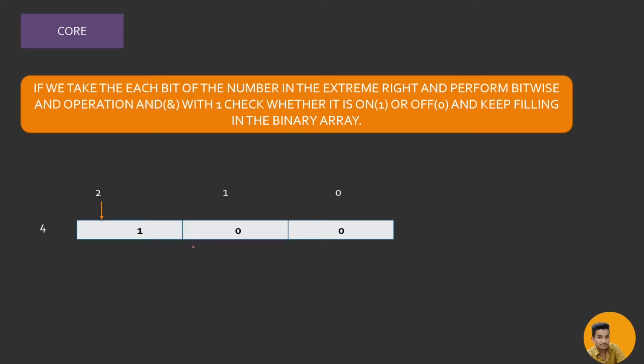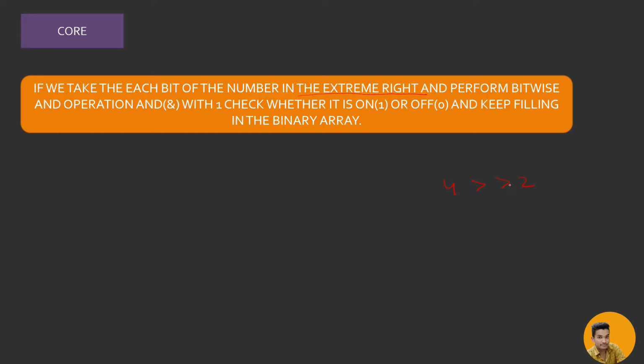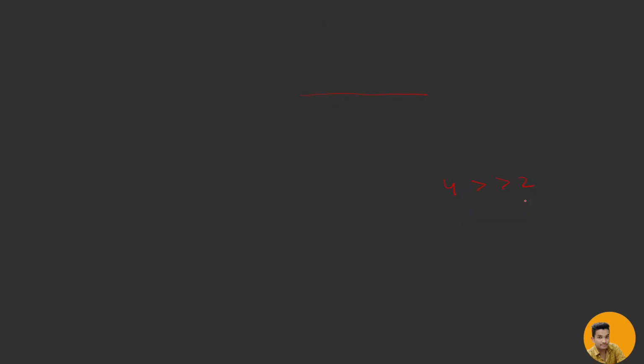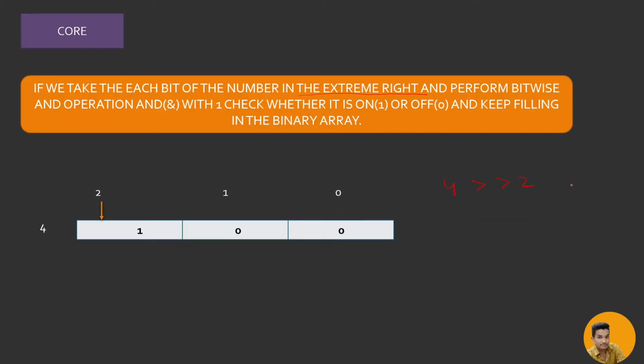So what I am saying is I am performing the shift operation and bringing the bit to the extreme right. As in the first case, if I do 4 right shift 2, we get 4 divided by 2 to the power 2, that is 1.